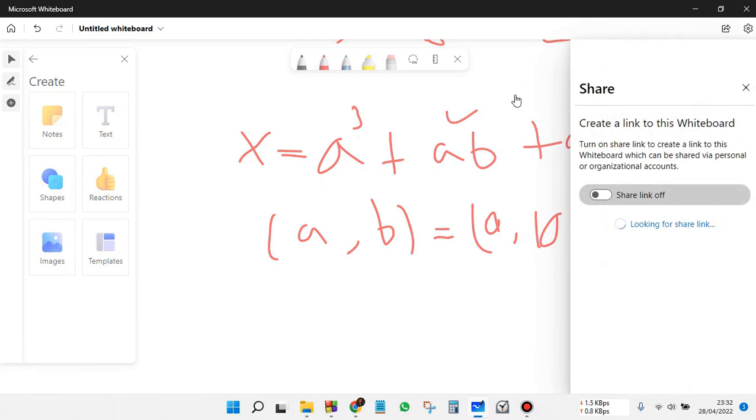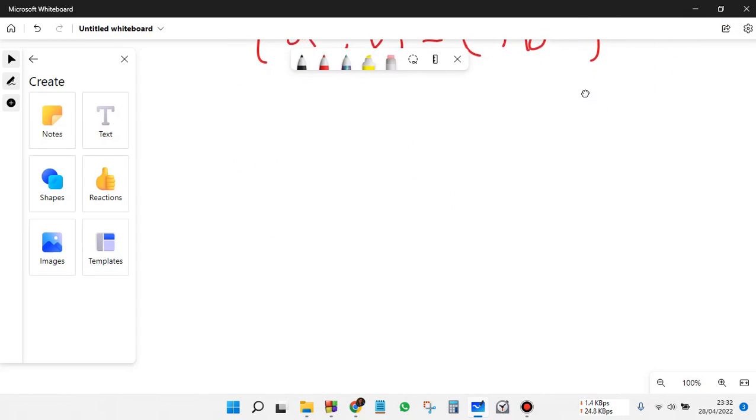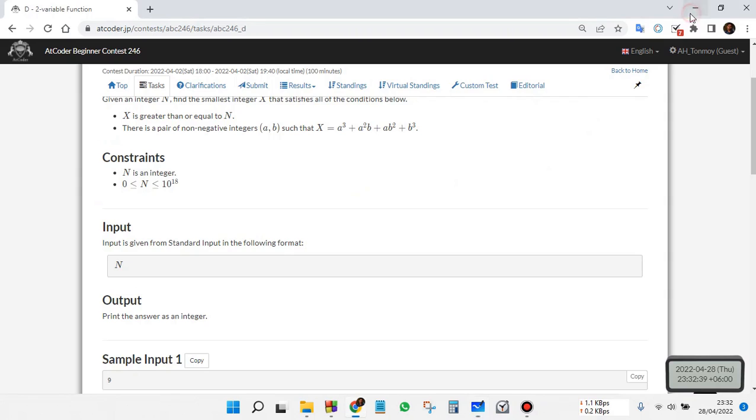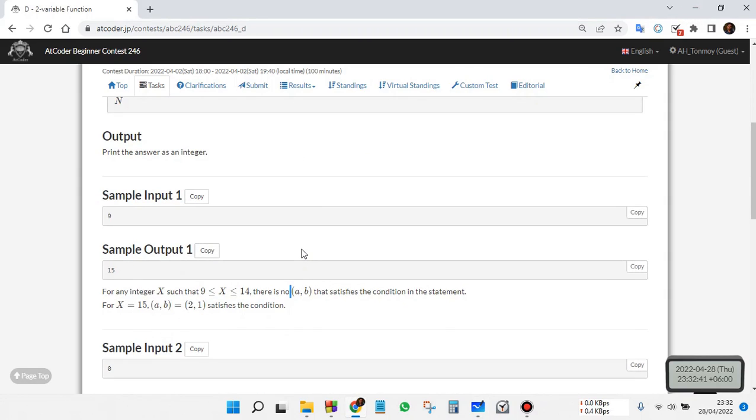We know that two pointer is very important in competitive programming. Now we are trying to solve the problem using the two pointer method. Two pointer method means we use two pointers from different areas. For better understanding, look at the input section. Here the input is 9 and the output is 15.